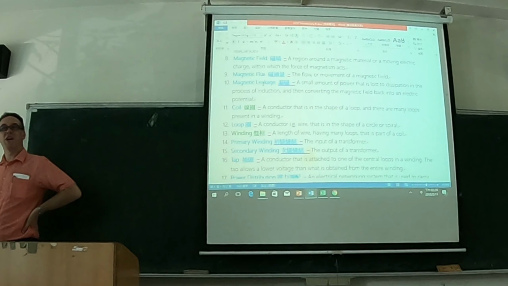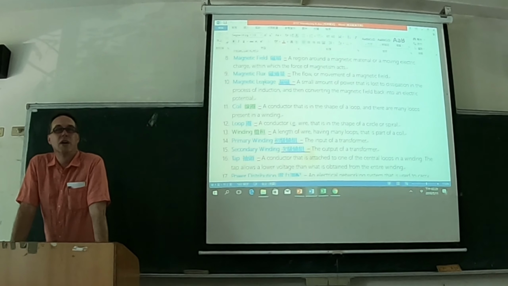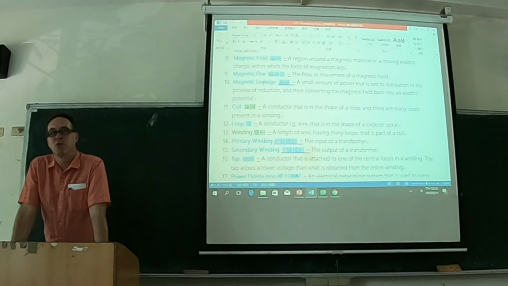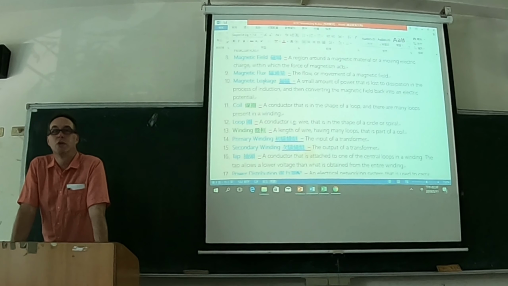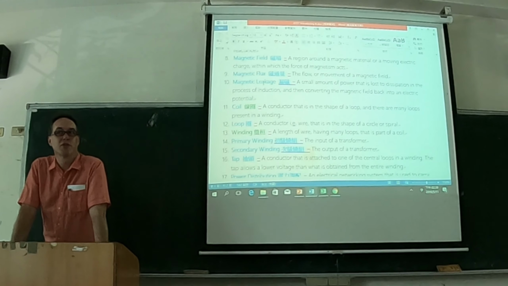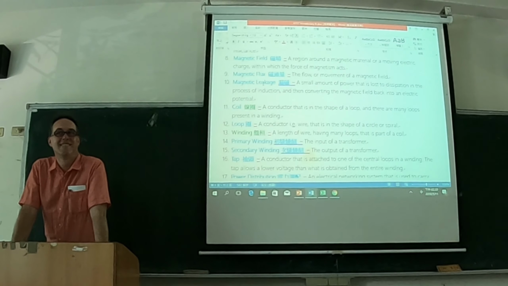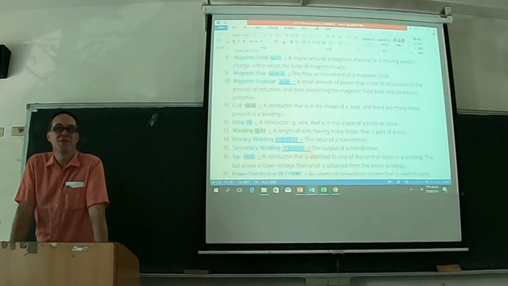And there was another type of transformer in which the taps were not movable, but the core was movable. Do you remember what those are called? Jason, you remember?